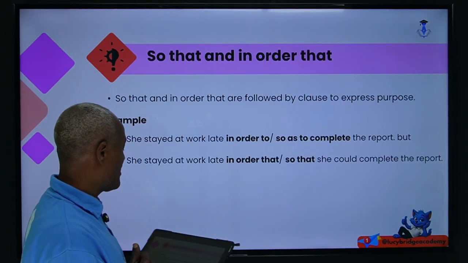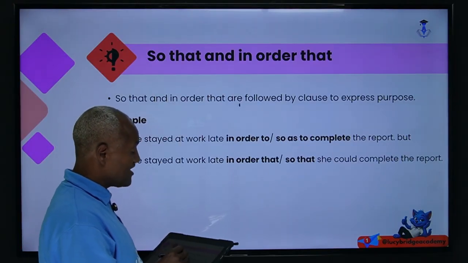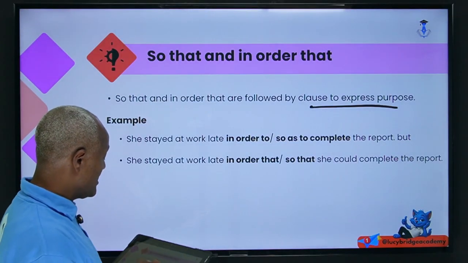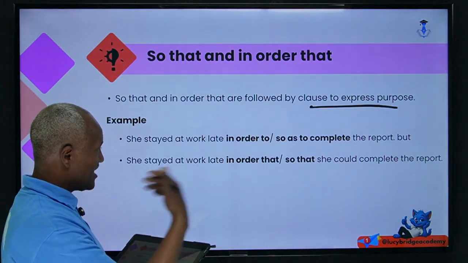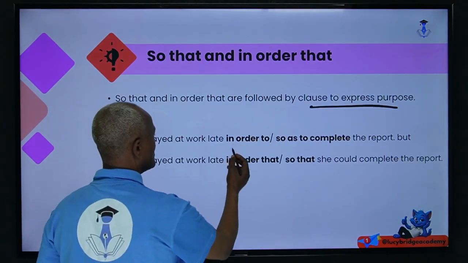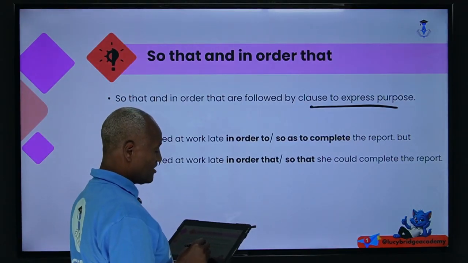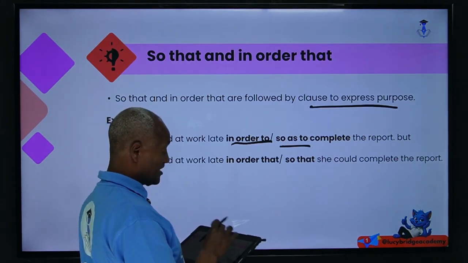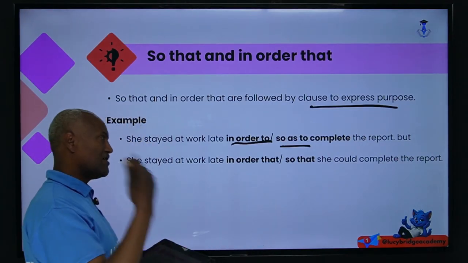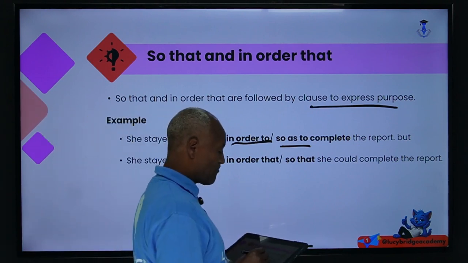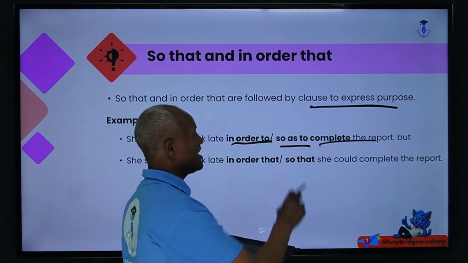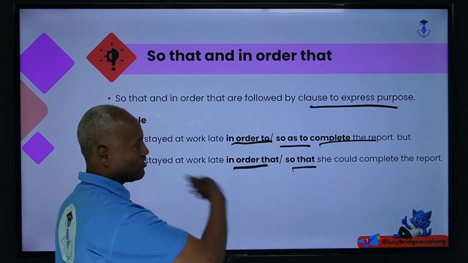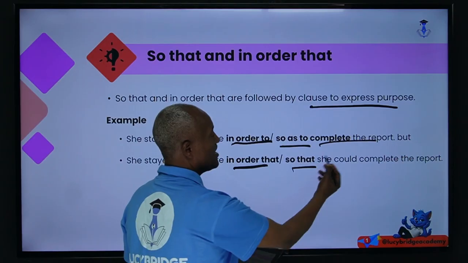Anyway, here we have an example: so that and in order that are followed by a clause to express purpose. This we have already seen. She stayed, for instance, another example, she stayed at work late in order to, or else so as to, complete the report. We saw that so as to and in order to are followed by what? Complete, this is a verb phrase. But if it is in order that and so that, we have already seen this one, it is followed by what? A clause.